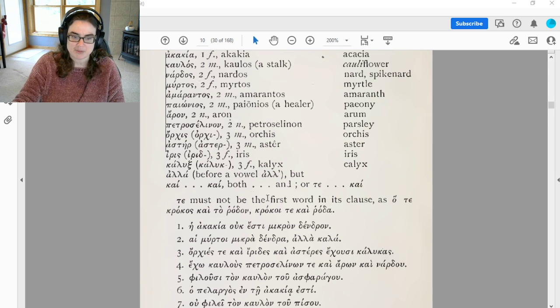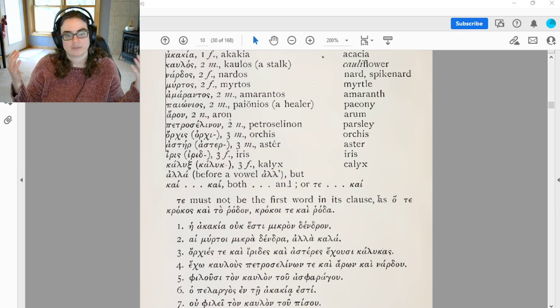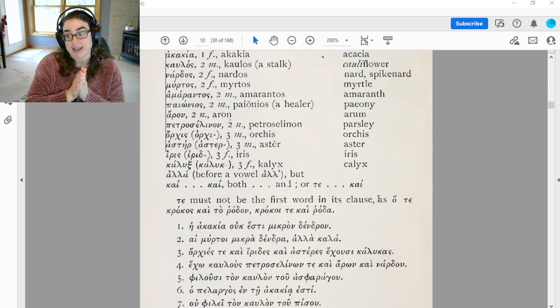Right. Te must not be the first word in a clause, right? Because it's a word that follows other words. That has a technical term that I'm completely blanking on right now. So they give here an example: ho te krokos kai ta rhoda, the crocus and the roots.